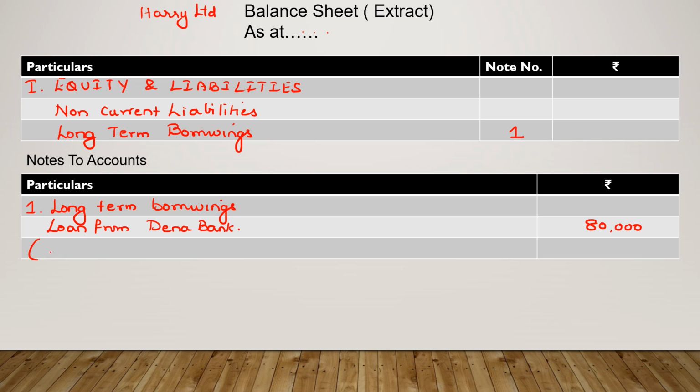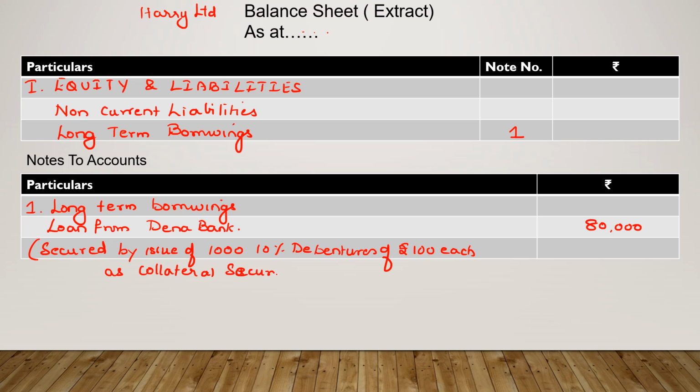As we are not passing a journal entry, we would just specify that this particular loan is secured by issue of 1,000 10% debentures of rupees 100 each as collateral security. So this is the accounting treatment when no journal entry is passed. We are just disclosing the fact that 1,000 10% debentures of 100 each have been issued as collateral security, and the amount of loan is posted into the balance sheet.